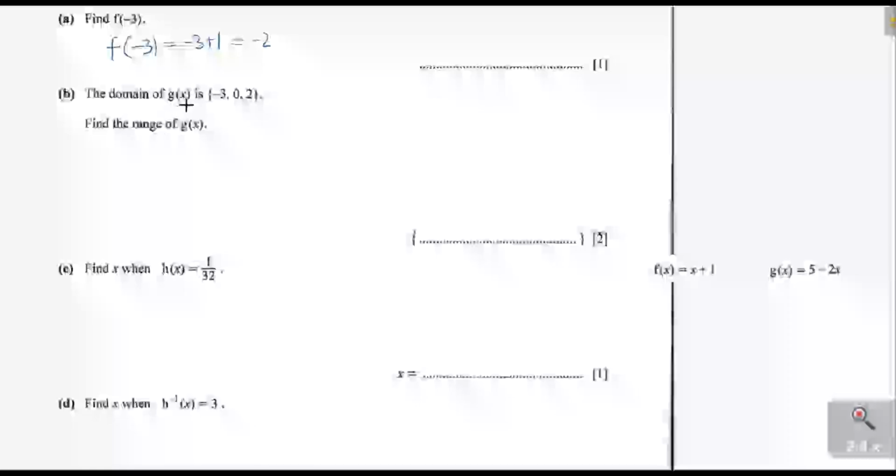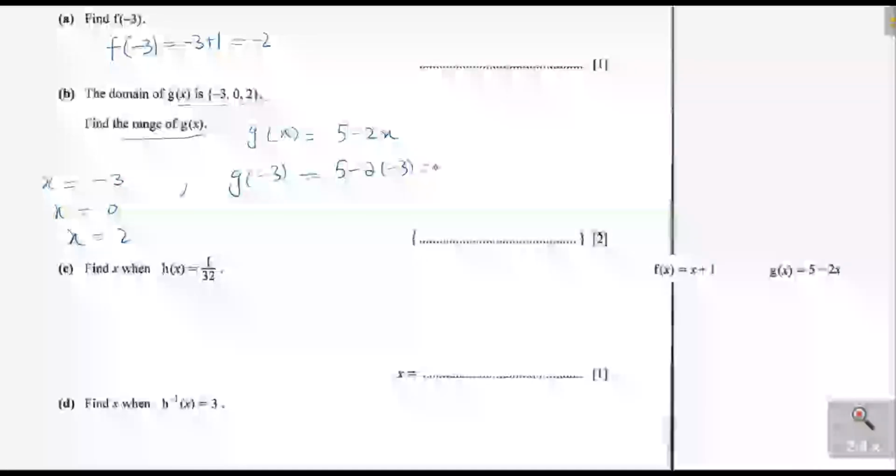Part B, the domain of g of x is minus 3, 0 and 2. Find the range of g of x. Here the function is g of x equal to 5 minus 2x. Domain of g of x means the values of x. Here the values of x are minus 3, 0 and 2. We can calculate g of minus 3. That will be equal to 5 minus 2 into minus 3. This will be equal to 5 plus 6 equal to 11.